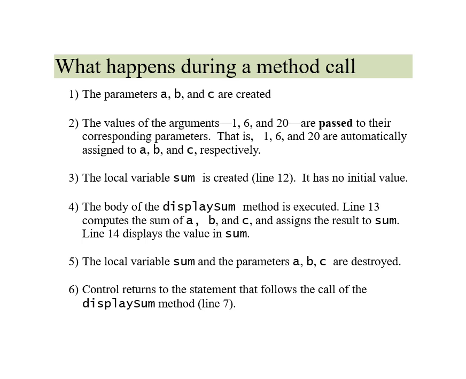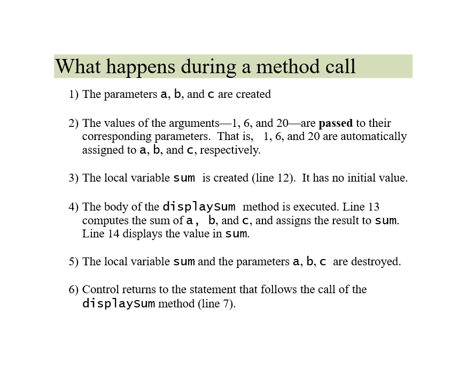Then the next step is that display sum is going to go back to main and pick up where it left off. Main is the caller and display sum is the called method.